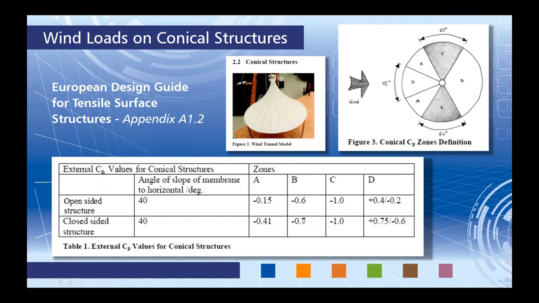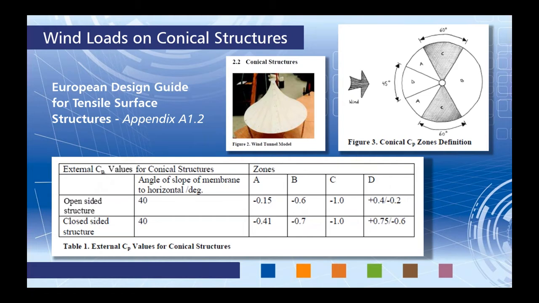In A, B, and C, you'll notice are all suction type loads, and zone D here is both suction and pressure. So it is a little bit complex in terms of how we want to apply these wind loads to our structure if we're going by this design guide's recommendations.